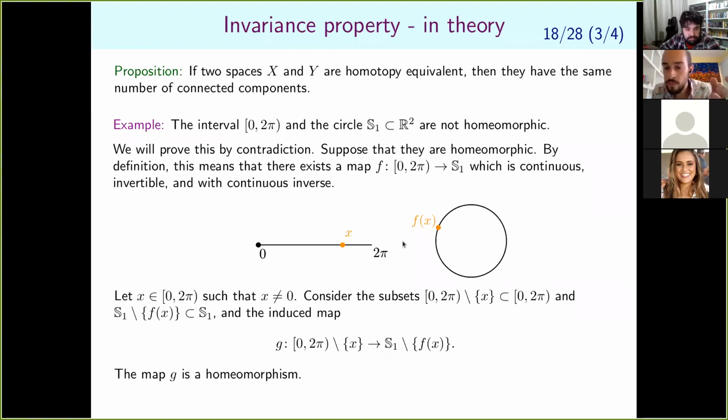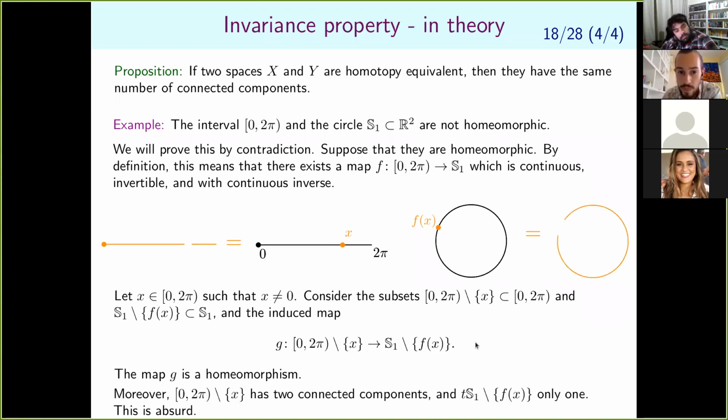My homeomorphism from the interval to the circle restricts to a homeomorphism between the interval without the point and the circle without the point. I call this restriction map J. But the interval without a point is the union of 2 intervals, and the circle without a point is only 1 interval, right?